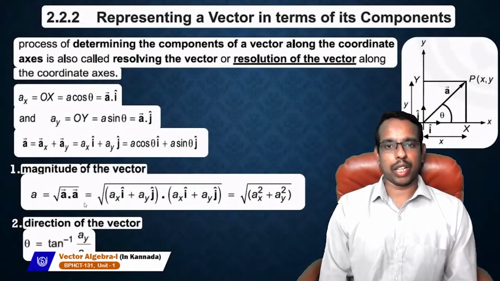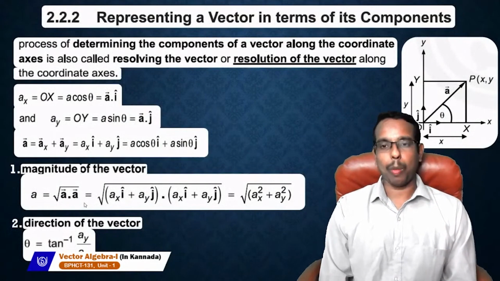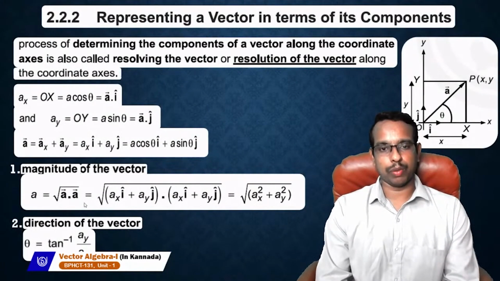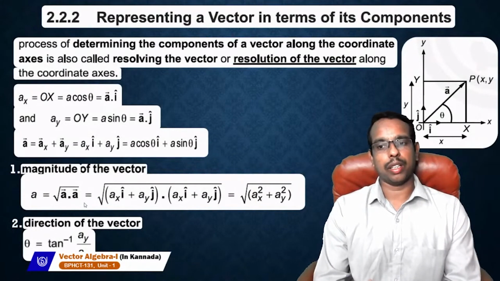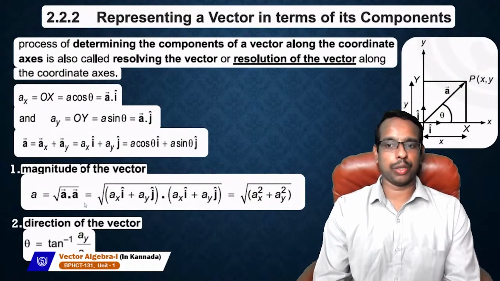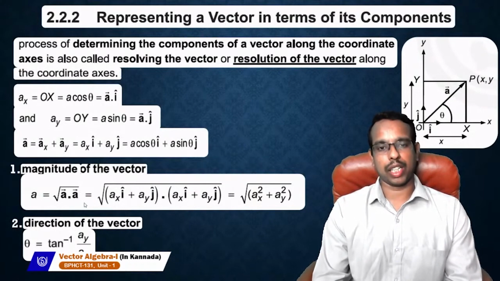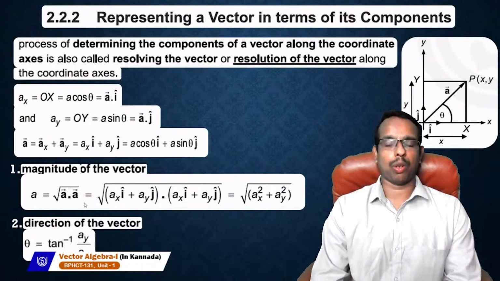So how do we represent a vector in terms of its components? In the last class, we saw that along the x-axis we have i, and along the y-axis we have j. i is the unit vector along the x-axis, and j is the unit vector along the y-axis. Now, consider a point P. Think about a graph sheet where you are locating some point.